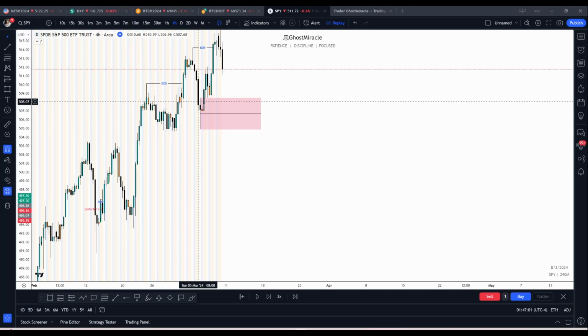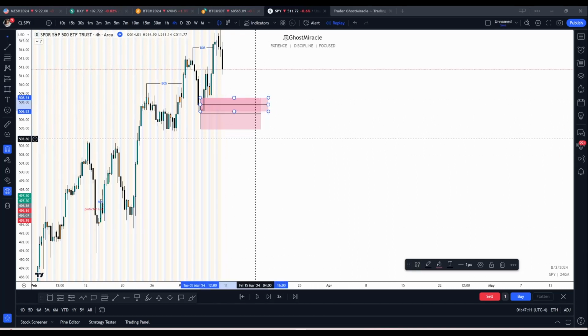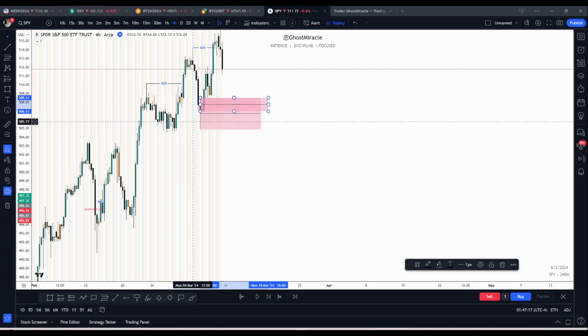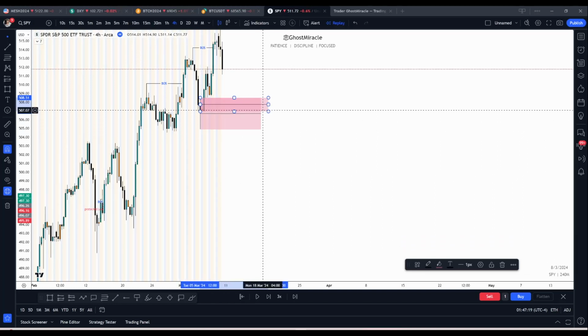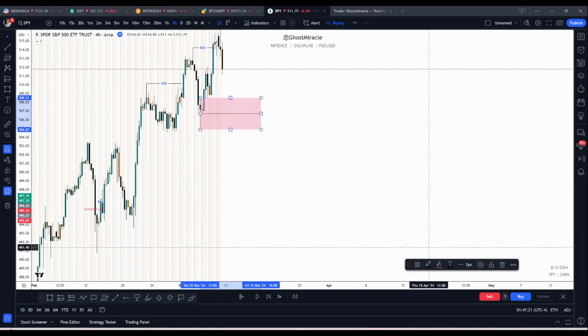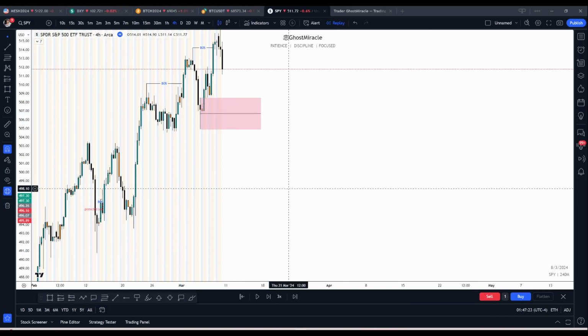Okay, I see what you did. Basically, this whole range here, because you had two separate, one here and one there, and I did not click the. So you had one here and then one for the wick.